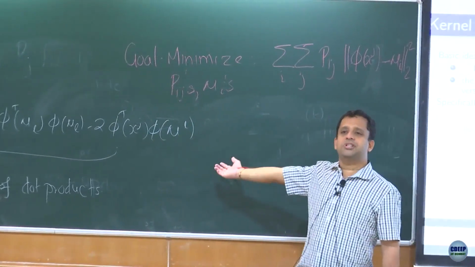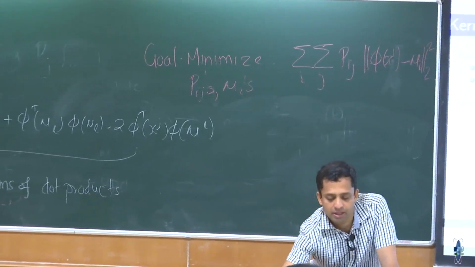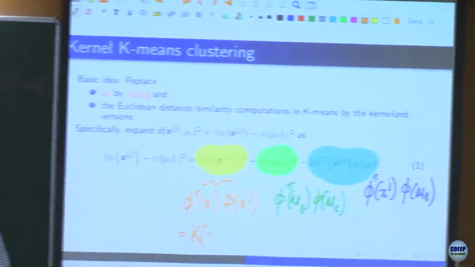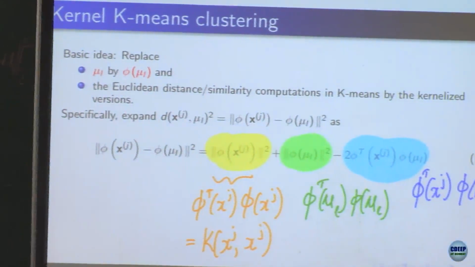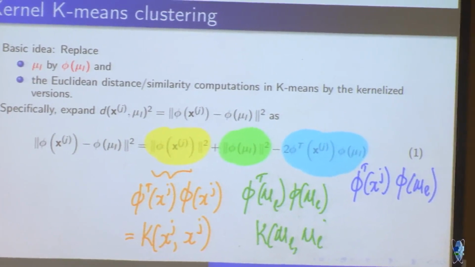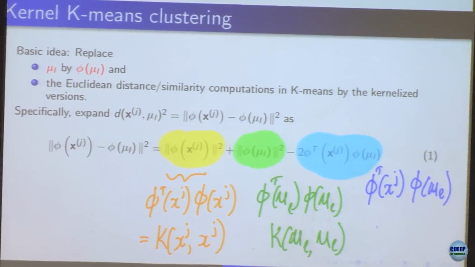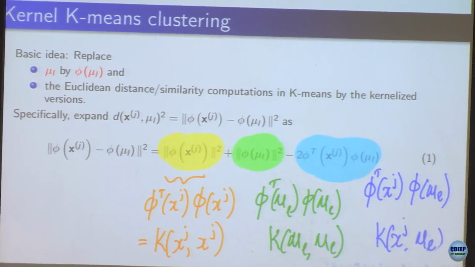Okay, so now what should this tempt you to do? The first component could be thought of as k(xj, xj). The second as k(mu l, mu l). The third as k(xj, mu l).